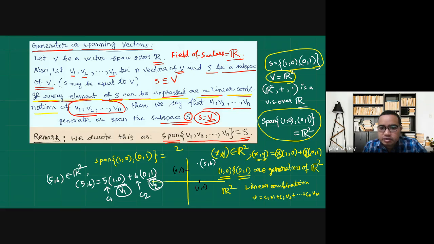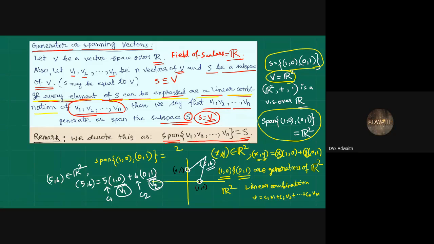Suppose (5, 6) is somewhere here. That means you are able to reach this point by this combination of these two particular vectors.